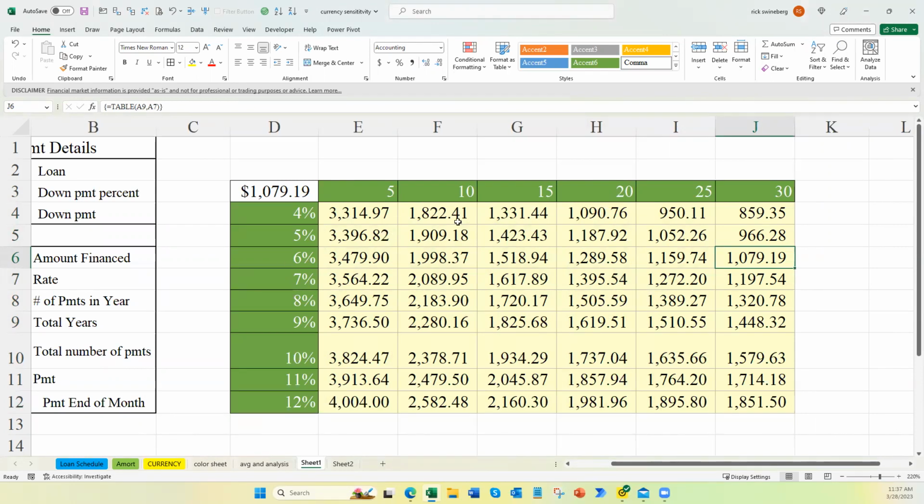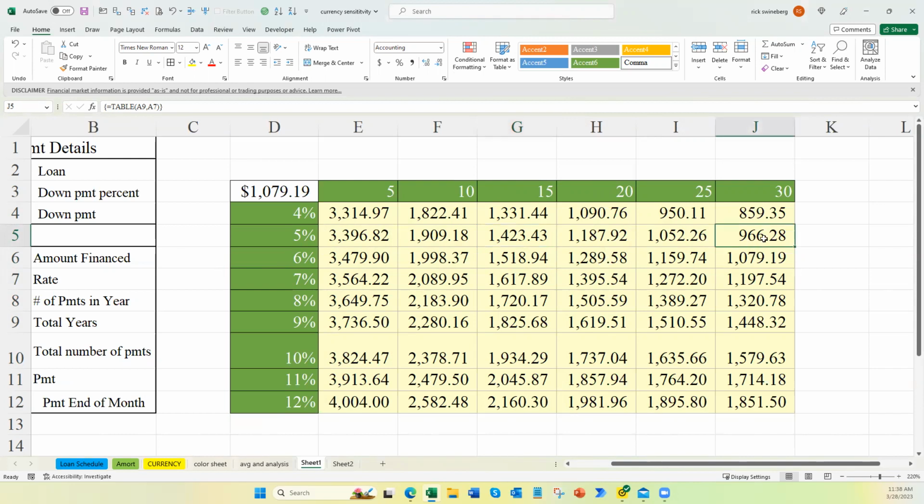Let's say you want to pay it off in 15 years at 6%. What is my payment going to be? 1,518.94. That's not including taxes and escrow and all that other stuff, but this is a basic look at what your mortgage is going to be. Let's say you do 5% at 15 years, that's 1,400.